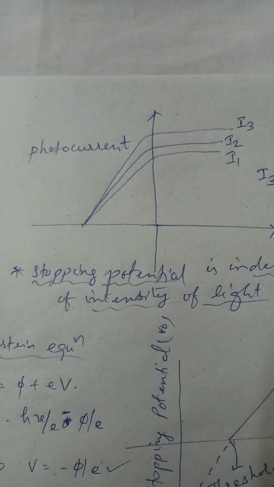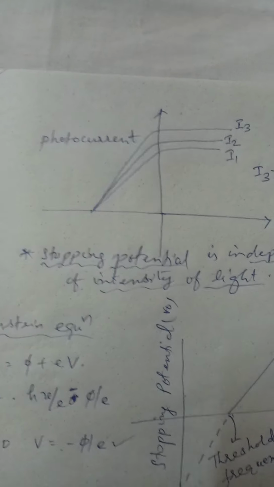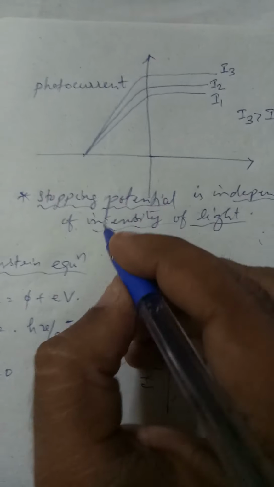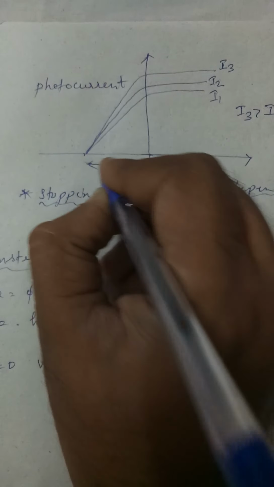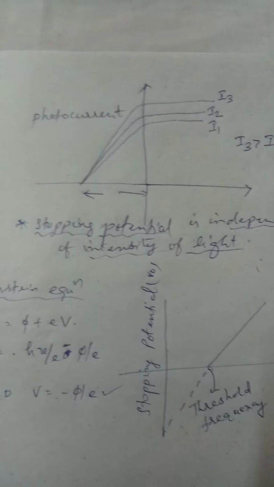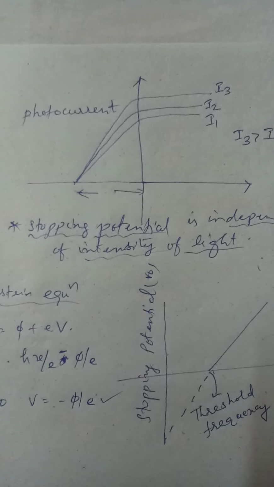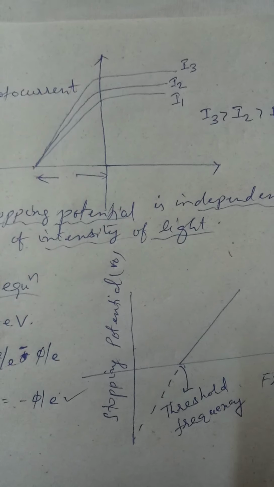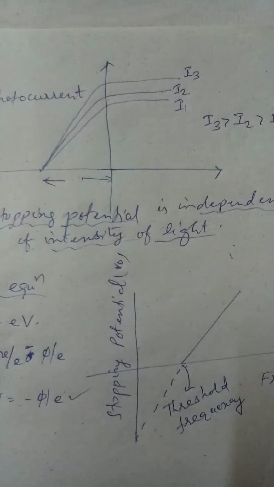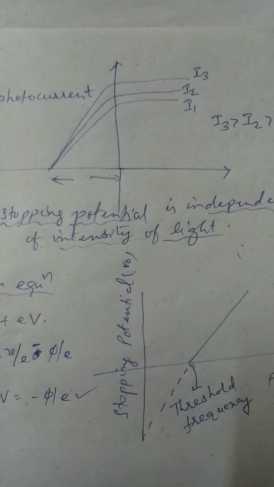You can see it is a negative value. Let me just write it over here. In this diagram, this is your stopping potential, and this stopping potential is independent of the intensity of light. Whether the light has more intensity or less intensity, it is not going to change the stopping potential value. So this is one point.